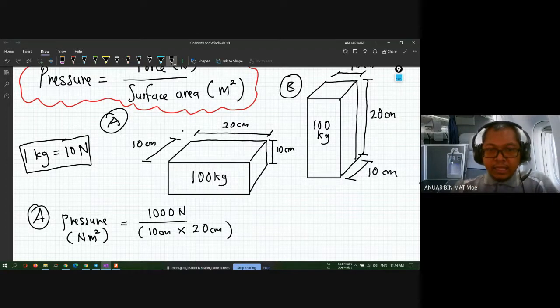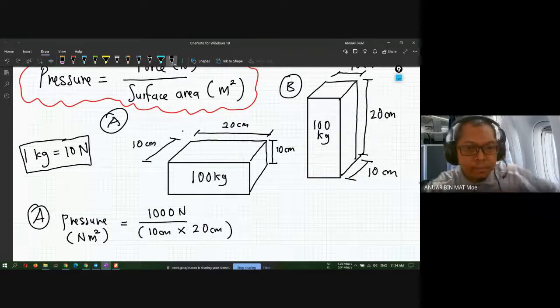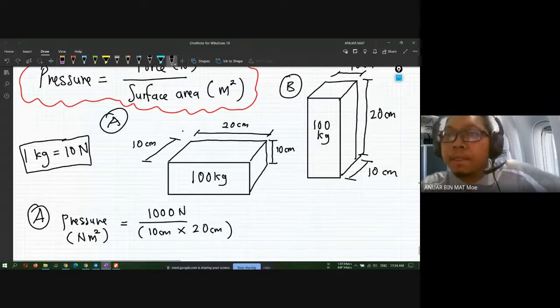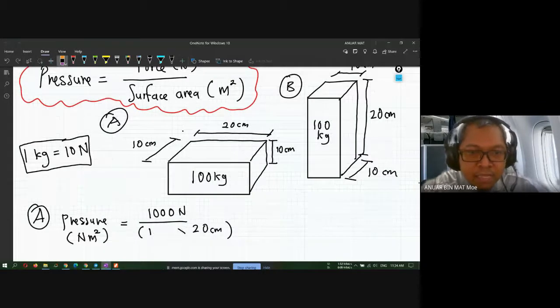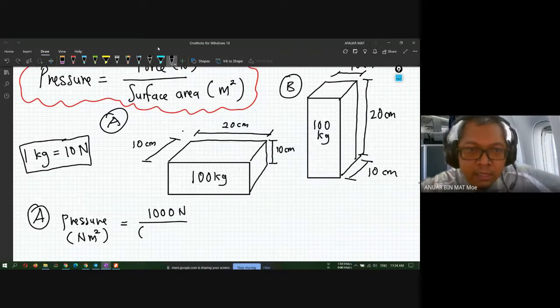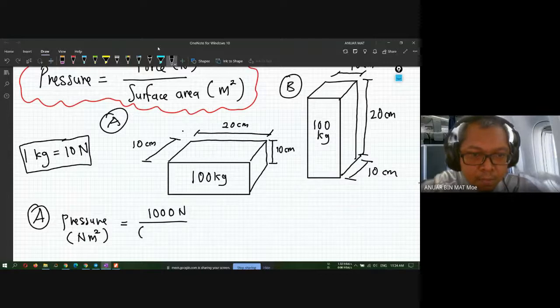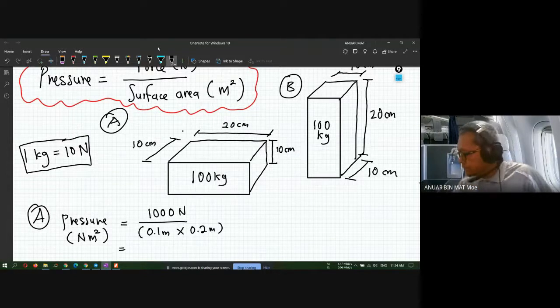For A. But you must convert it to meter first. So we have here 10 centimeter, 0.1 meter, times 0.2 meter. So it will become how much?